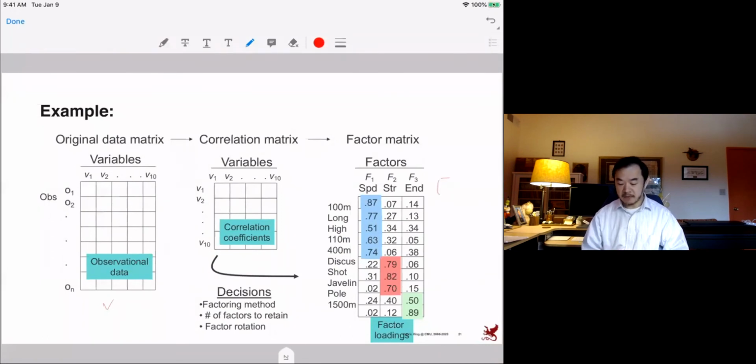And after the loading, you actually will be able to see that your data may load themselves to very different factors. Maybe the first few points are highly concentrated on the first dimension, and second and so forth. So this is a nice kind of visualization of the factor loading matrix.